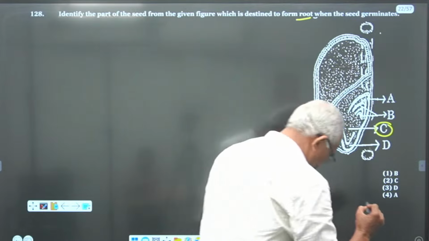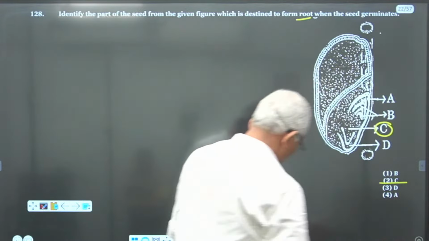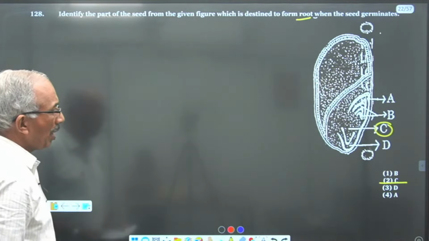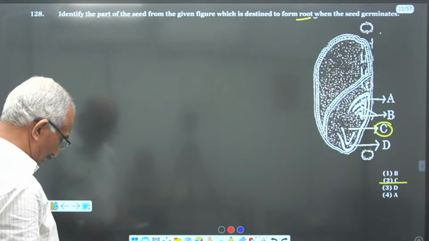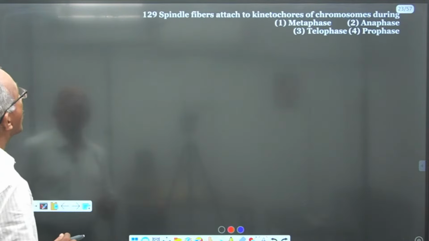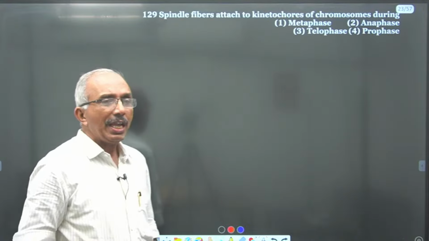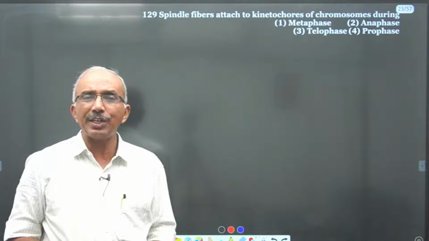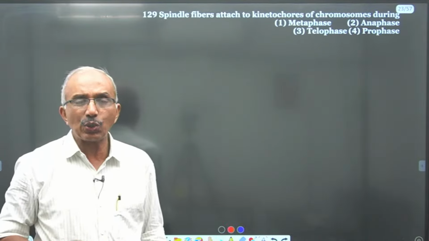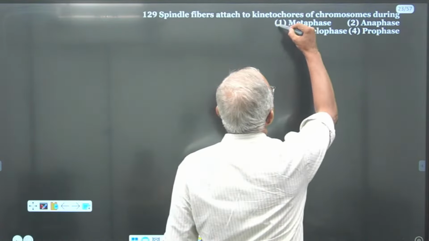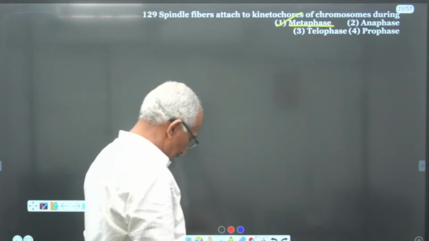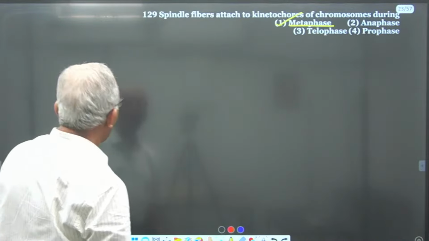Answer is 2, the part labeled is C. Spindle fibers attach to kinetochore. Even though spindle formation is initiated in prophase, it attaches to kinetochore during metaphase. Answer option 1.